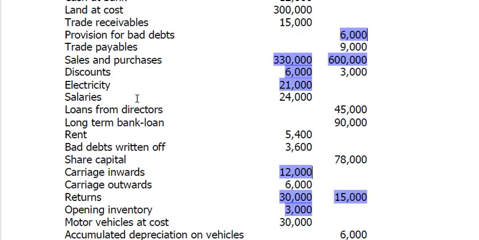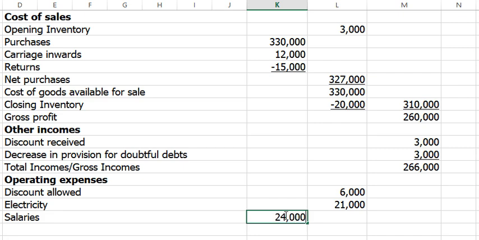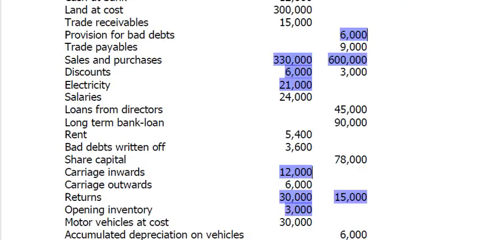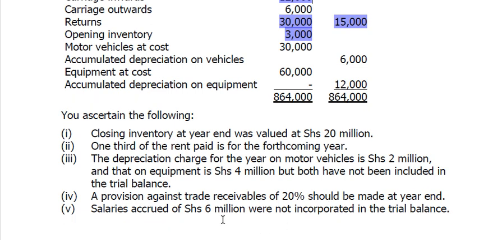Then we have the salaries, 24,000, but there is an adjustment on the salaries. Let's check out the adjustment. Salaries accrued of 6,000, which we are not incorporating in the trial balance.